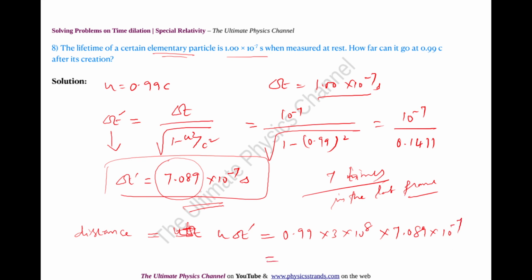If we work this out, roughly 3 times 7 is 21, and with the extra 10 we get 210 meters. So that is the distance this elementary particle would travel in its lifetime as measured in the lab frame, or Earth's frame.